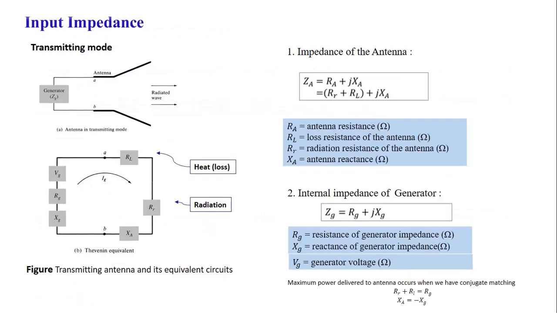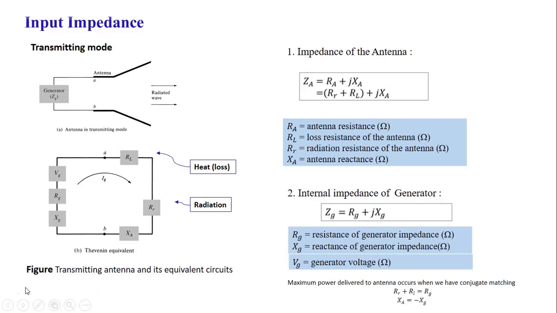Now we will go to the last topic of this session, that is the antenna impedance, the input impedance of the antenna. The input impedance of an antenna is defined as the impedance presented by an antenna at its input terminals, or it can be the ratio of voltage to current at the pair of terminals, or it can be the ratio of appropriate components of electric and magnetic field at a point.